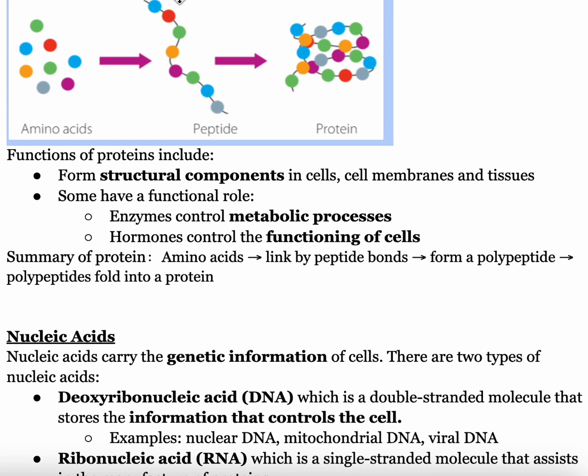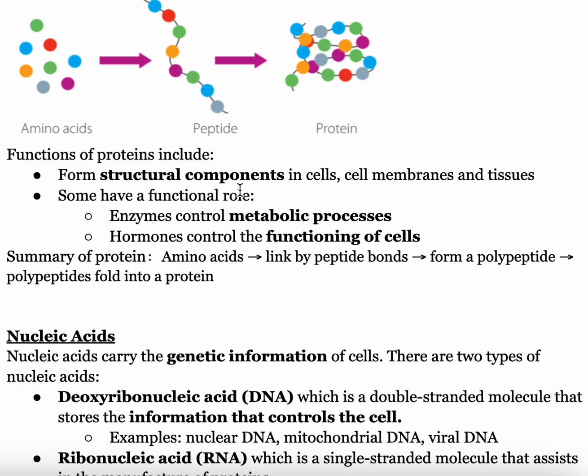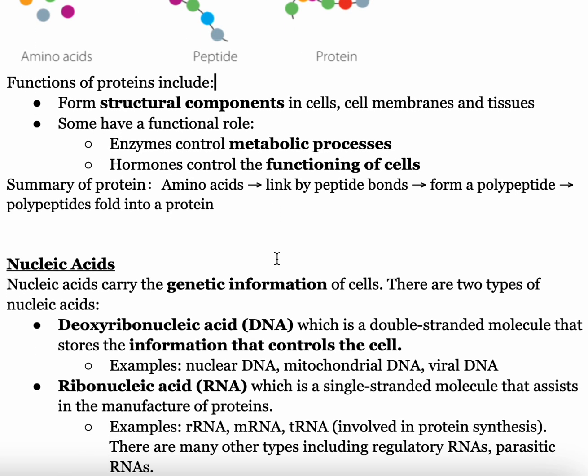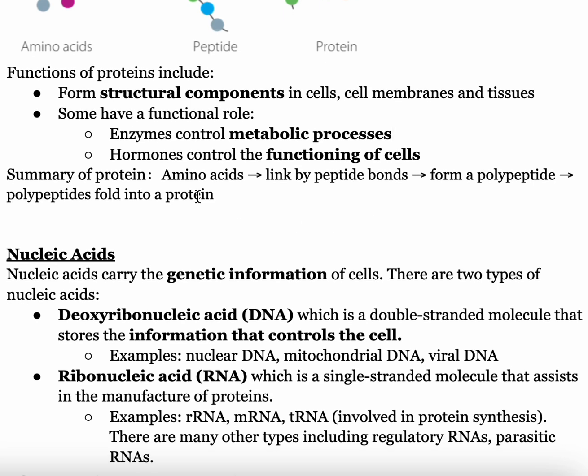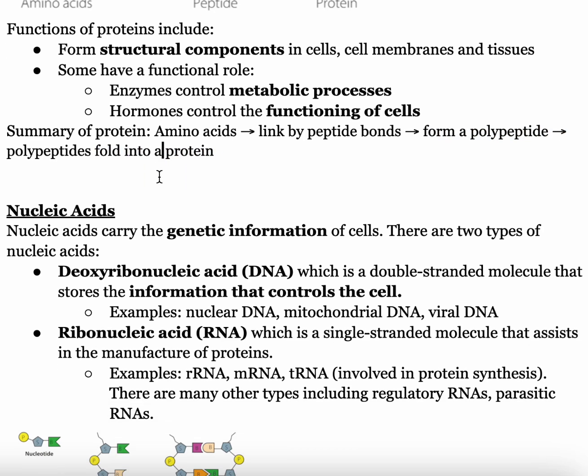Functions of proteins include forming structural components in the cell's membrane and tissues, and some have a functional role. Enzymes control metabolic processes. Hormones control the functioning of cells. So here's a summary: amino acids are linked by peptide bonds, and they form polypeptides.